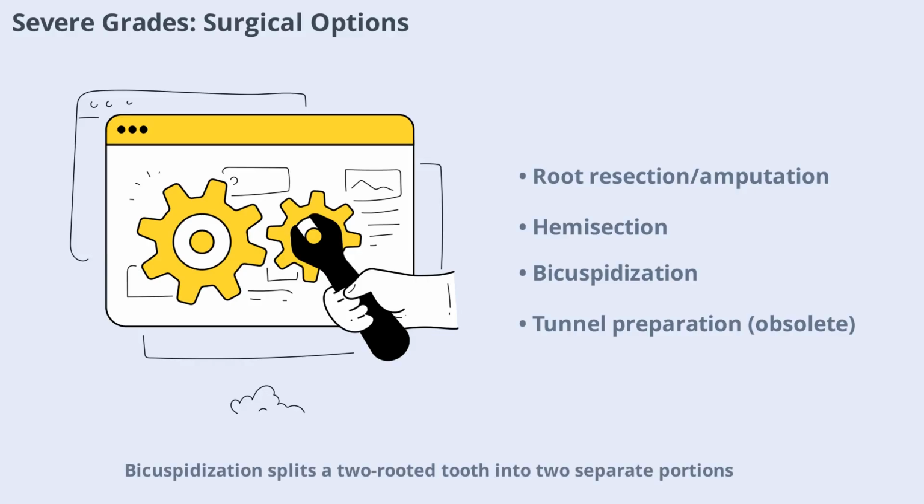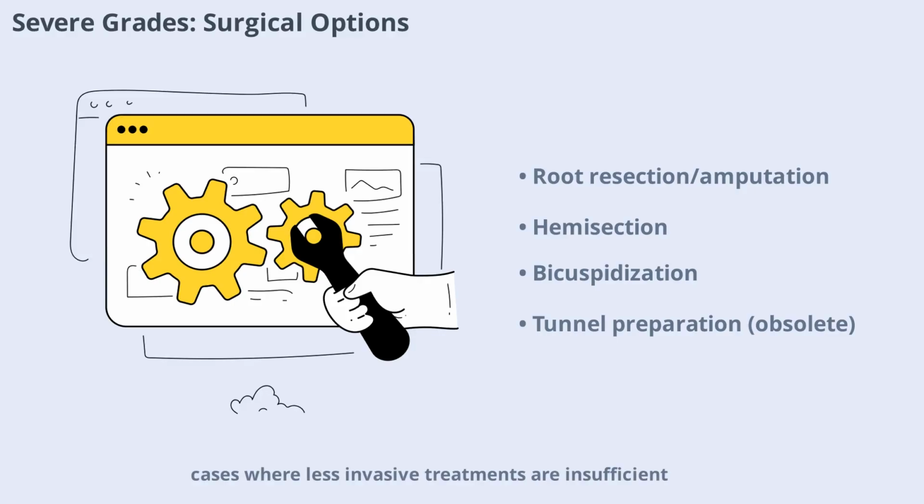Bicuspidization splits a two-rooted tooth into two separate portions, often used in mandibular molars. Tunnel preparation was once used to improve access, but is no longer recommended due to a higher risk of root caries. These surgical options are reserved for cases where less invasive treatments are insufficient.